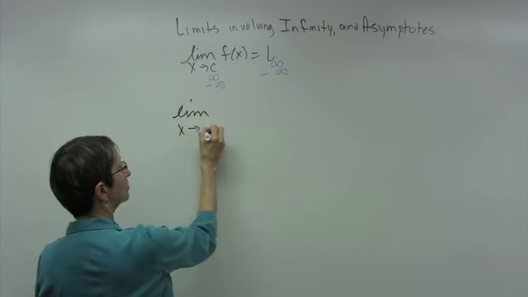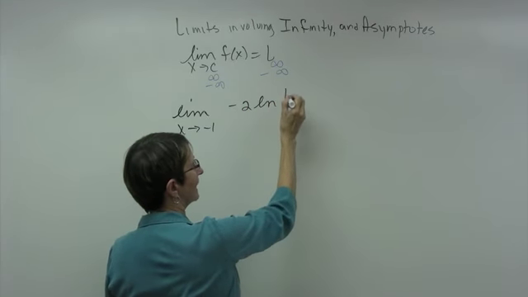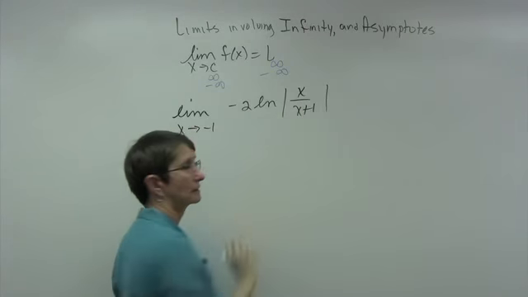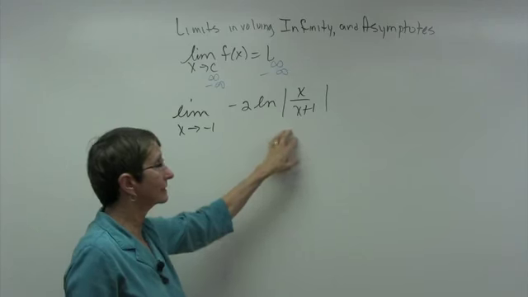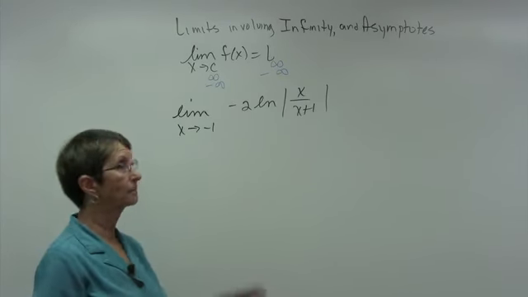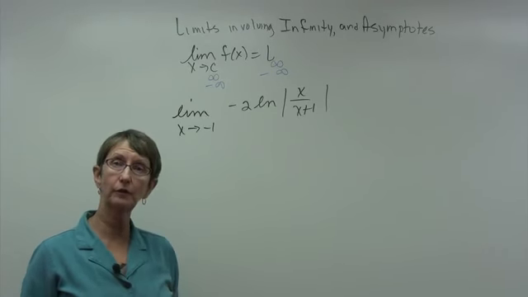as x approaches -1 of -2 natural log of x over x plus 1. Now, we actually did one very similar to this a little bit earlier in a video on limits. Let's see what happens. First step always, plug in your value for x.